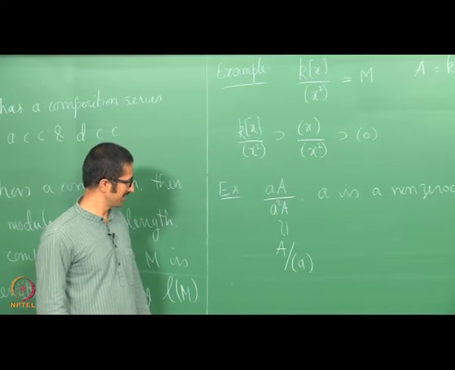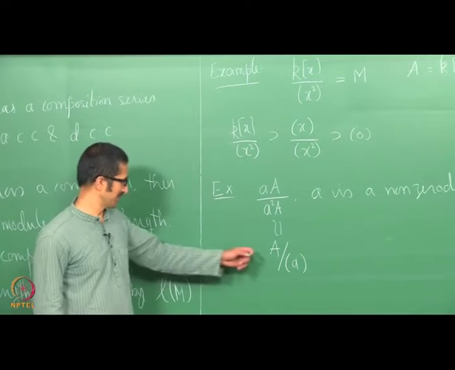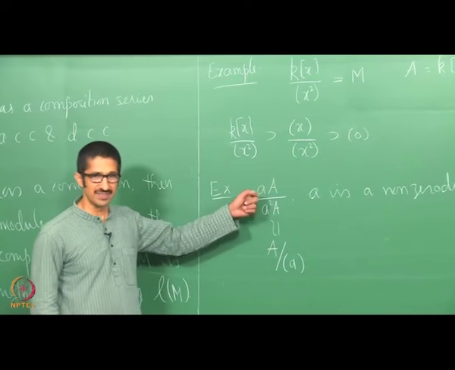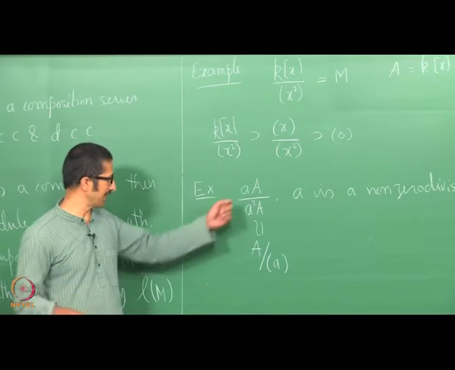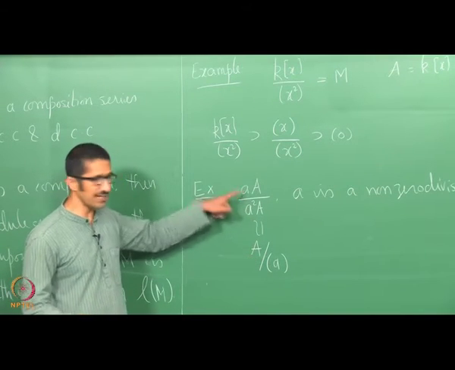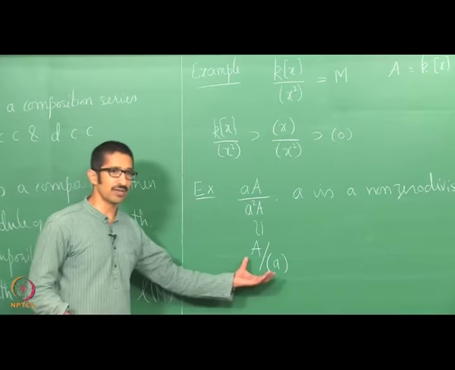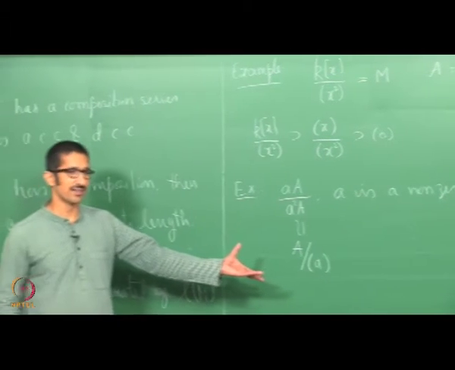From where to where? Send a map, x going to ax bar, and look at what the kernel is.